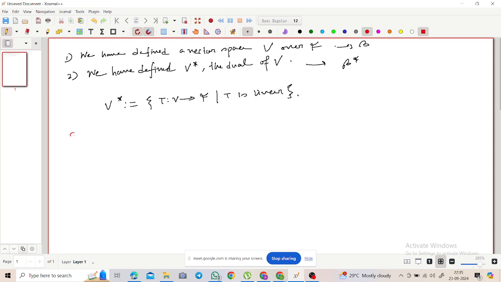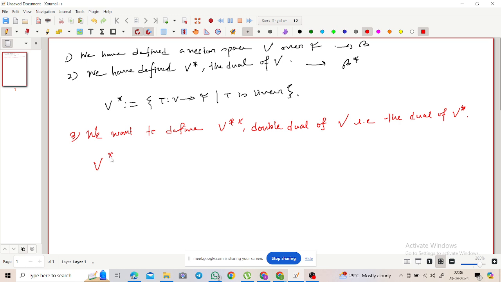Now our goal is to define the double dual, V star star, of V, that is the dual of V star.